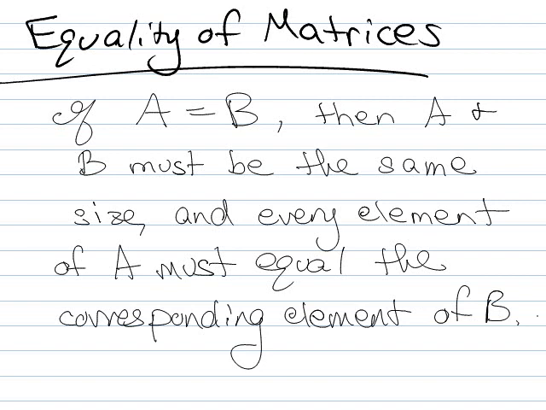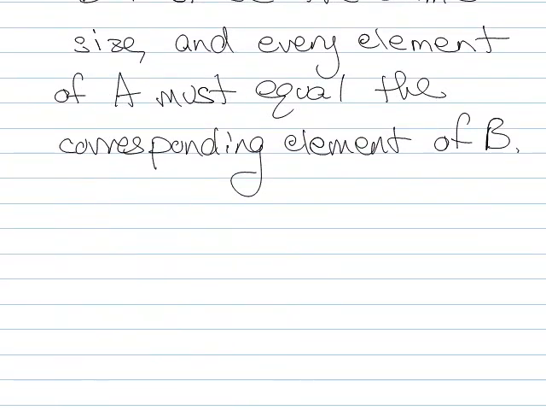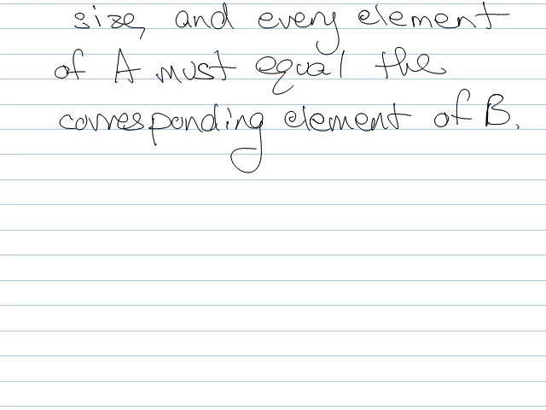If A equals B, then they must be the same size, and every element of one must equal the corresponding element of the other. This really shouldn't be too bad, to be perfectly honest.